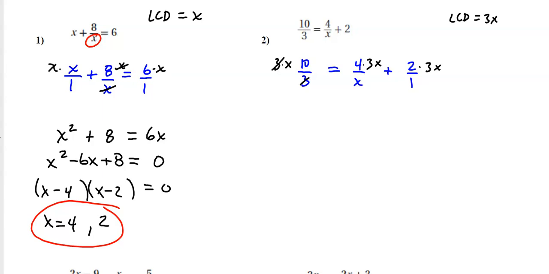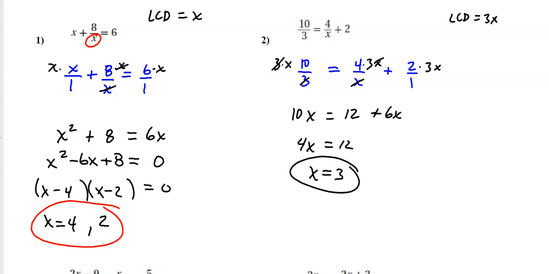And the 3's cancel. I get 10x. The x's cancel. I get 12. And this just ends up being 6x. Do my algebra. And I get x equals 3. Then I ask myself, is that okay? Put it in. Yep, 4 over 3 is good. So the answer is 3.